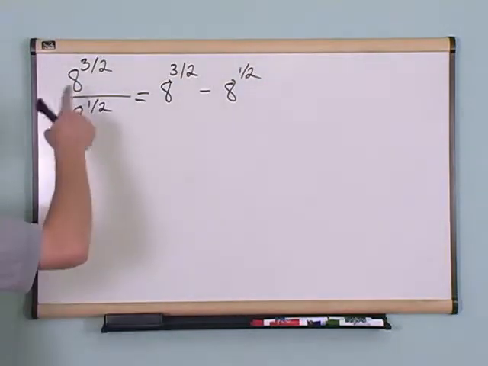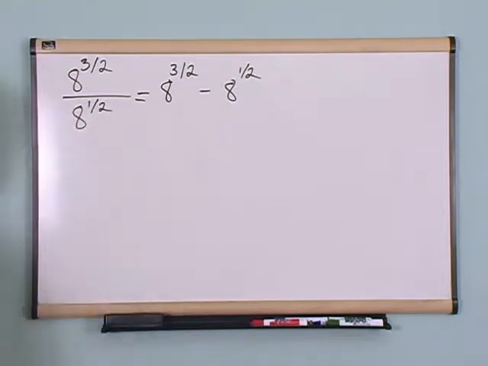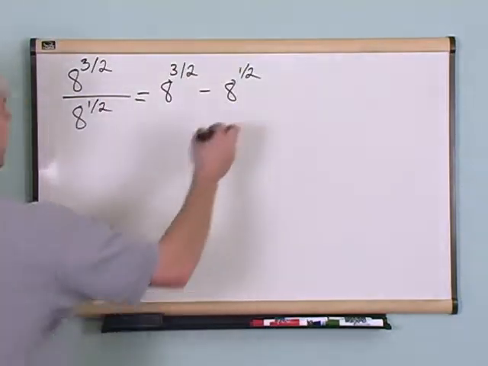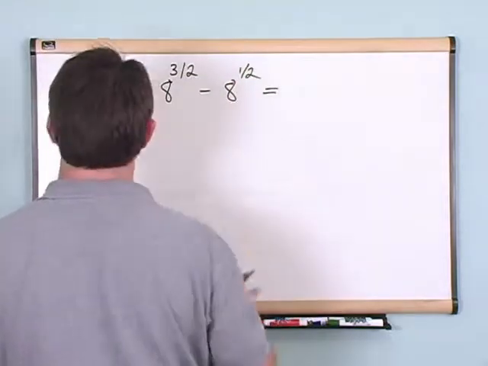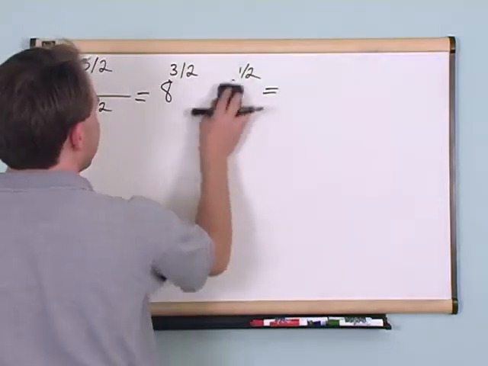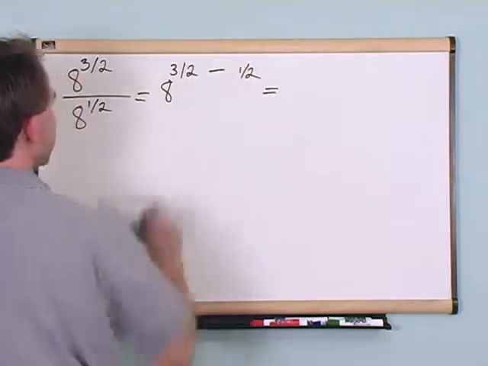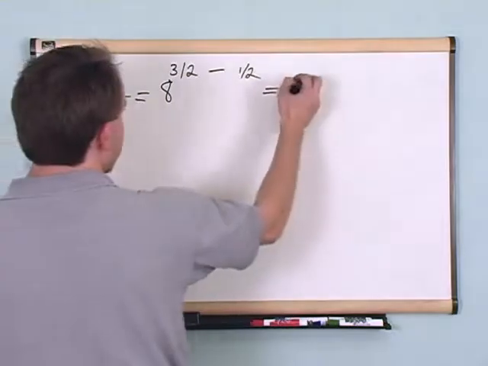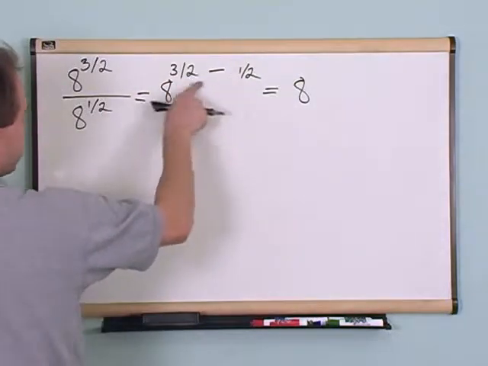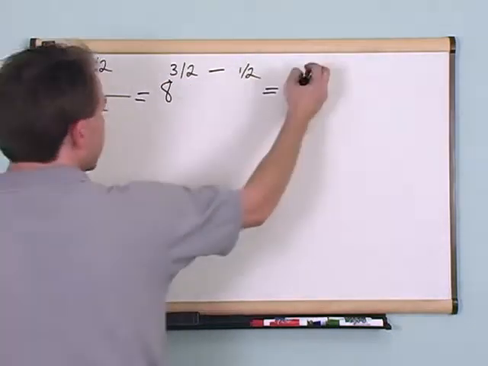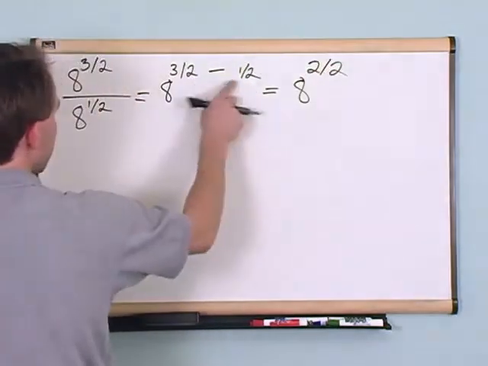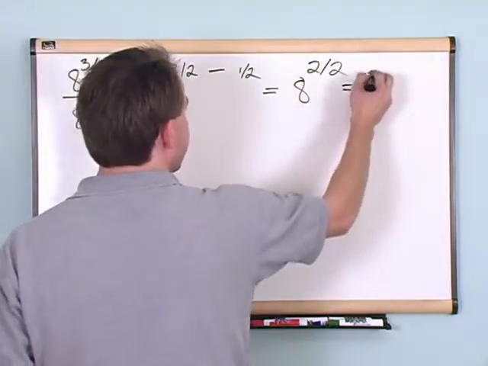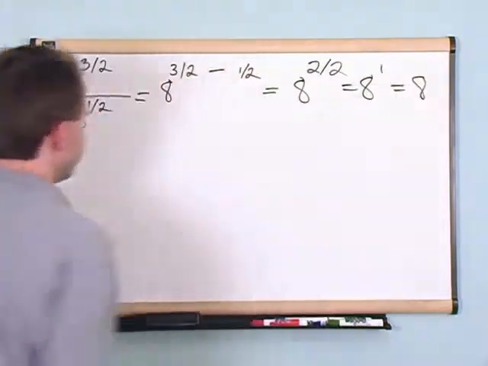If these rules of when you add them and when you subtract them seem totally foreign, then my previous disc covers all of that in great detail, and you can work lots of problems like that. Here we're focusing on the fact that they're fractional. So you're going to have 8, and since the denominator is the same, you've got 3 minus 1 is 2 over 2, because the denominator stays the same, which is 8 to the 1st power, which is just simply 8.